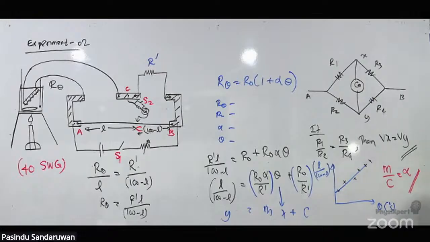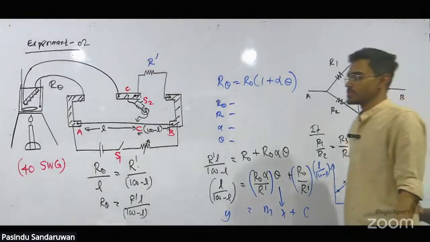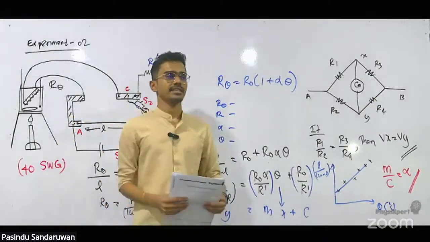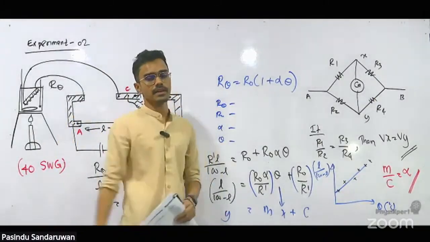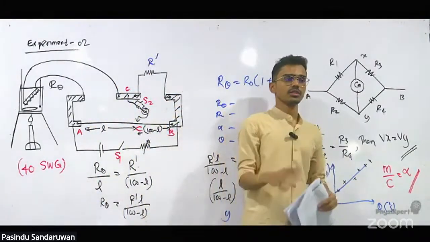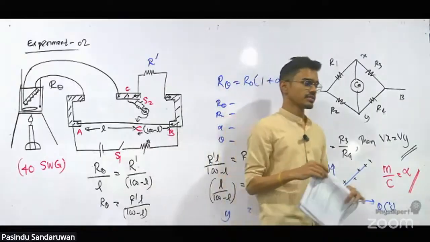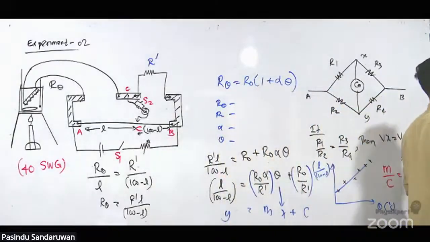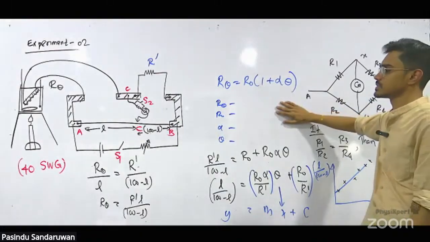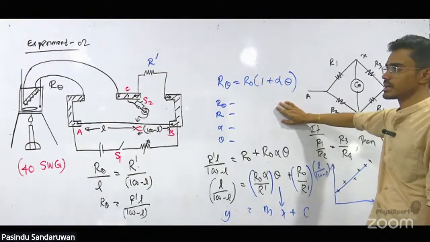An accumulator is not a single battery, it is a parallel combination of batteries. An accumulator is used to get a constant current over a long period of time. Right? We'll see those things in the next part.